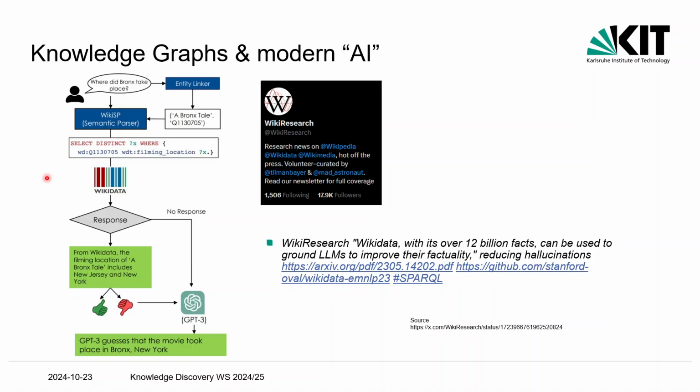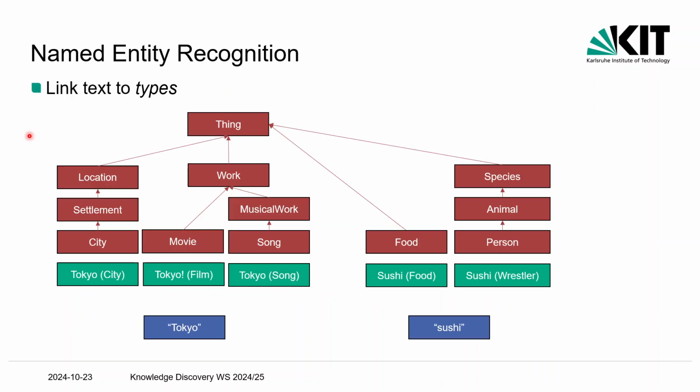For some things we are, for other things not quite. But knowledge graphs are still being used nowadays for more modern AI approaches, among others, for more recent RAG approaches, but there's also some people from Wiki Research that are doing interesting stuff with it, where they're actually querying from Wikidata, checking what the responses are, and then combining that with LLMs. And yes, that's pretty cool. So, moving on to the next task.